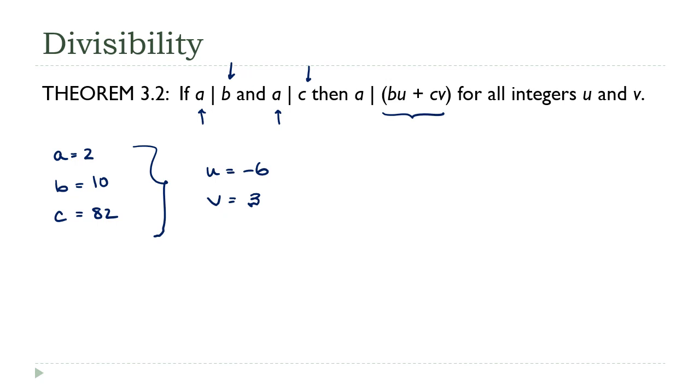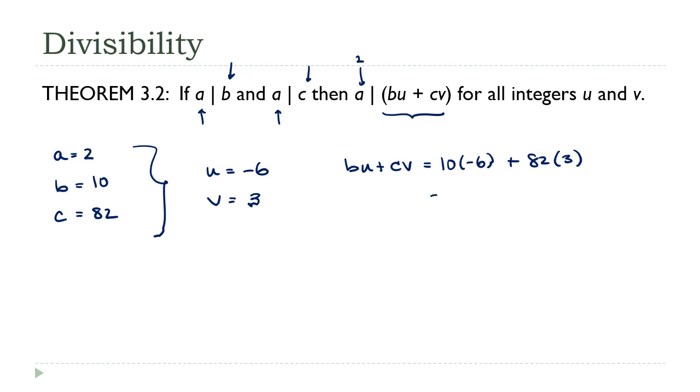All right. Now, what is BU plus CV? That's 10 times -6 plus 82 times 3. And my big question here, remember, my A is 2, is whether 2 goes into this evenly. Let's see what we get.